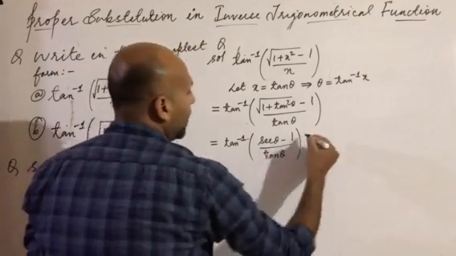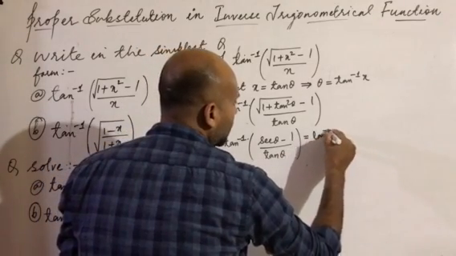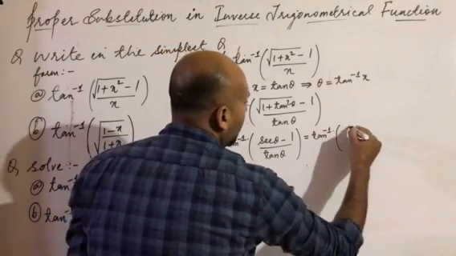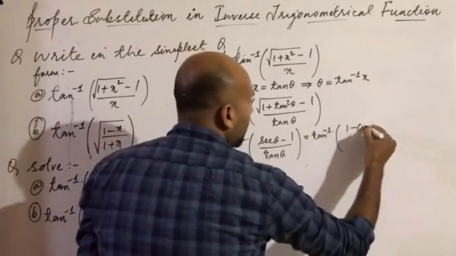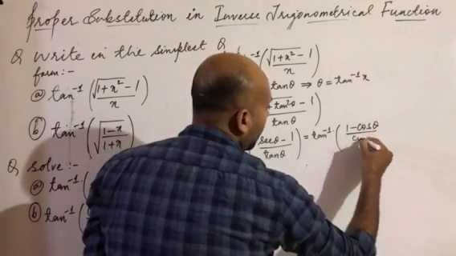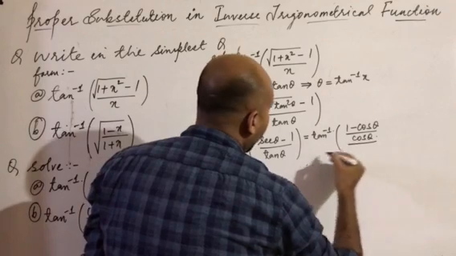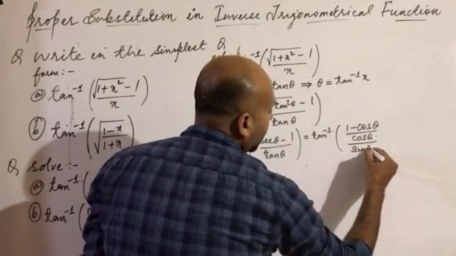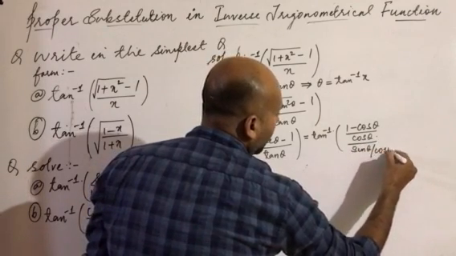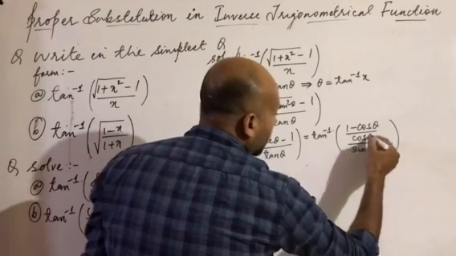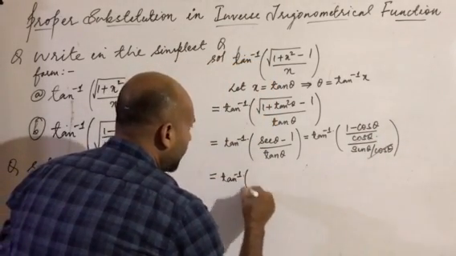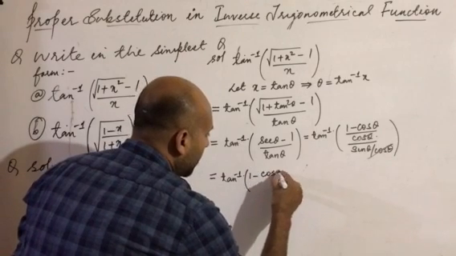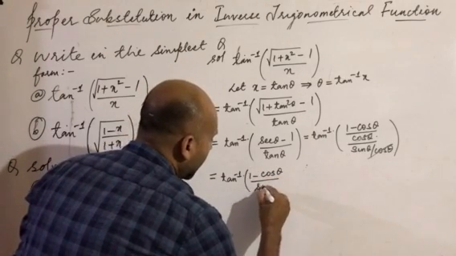If I convert sec theta into cos theta, since sec theta is 1 by cos theta, taking the LCM it will be 1 minus cos theta whole divided by cos theta, and in the denominator we have tan theta, which can be written as sin theta by cos theta. Both the cos theta cancel, so I have tan inverse of 1 minus cos theta divided by sin theta.